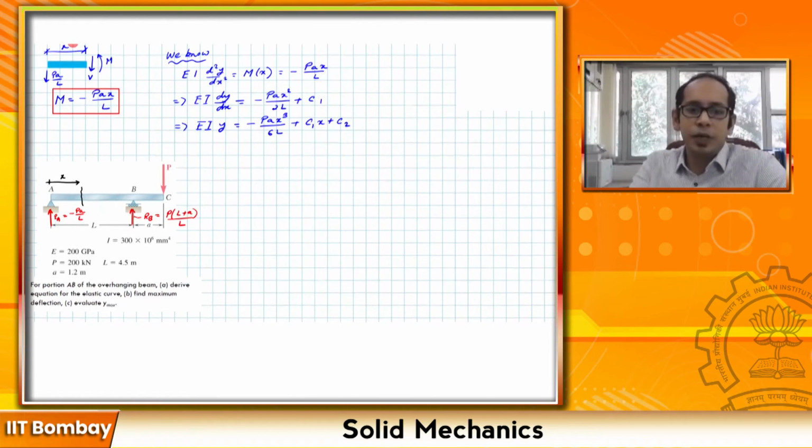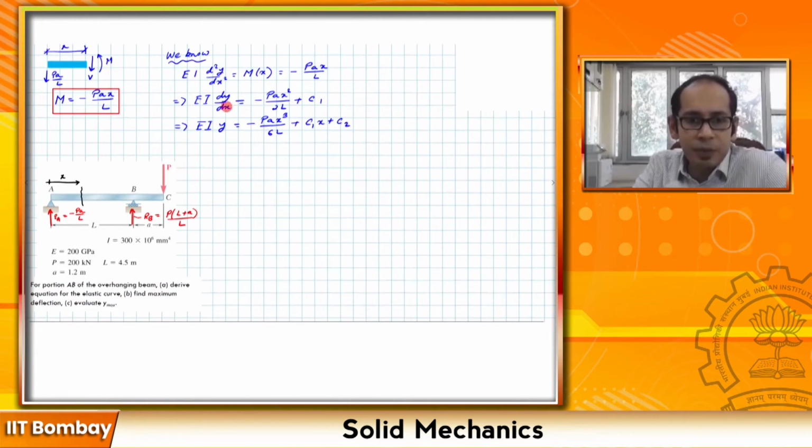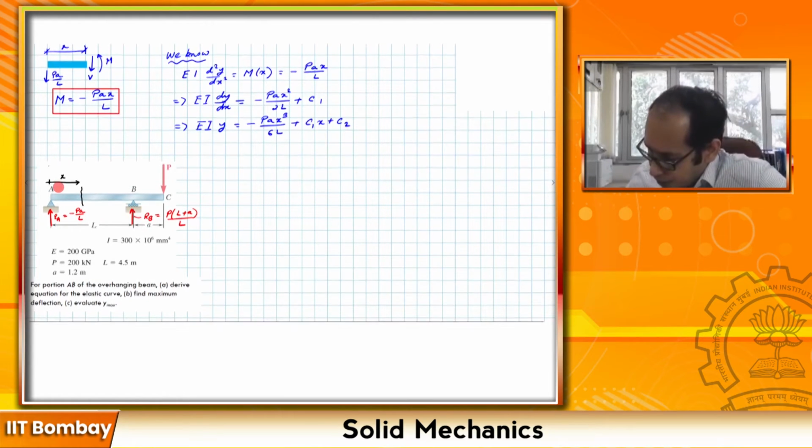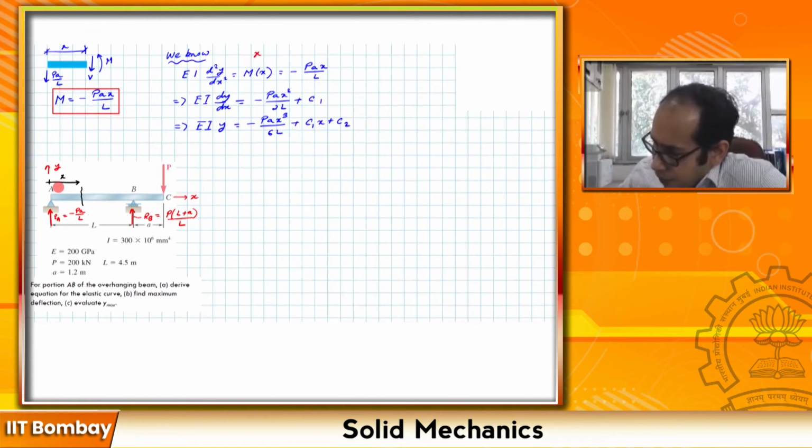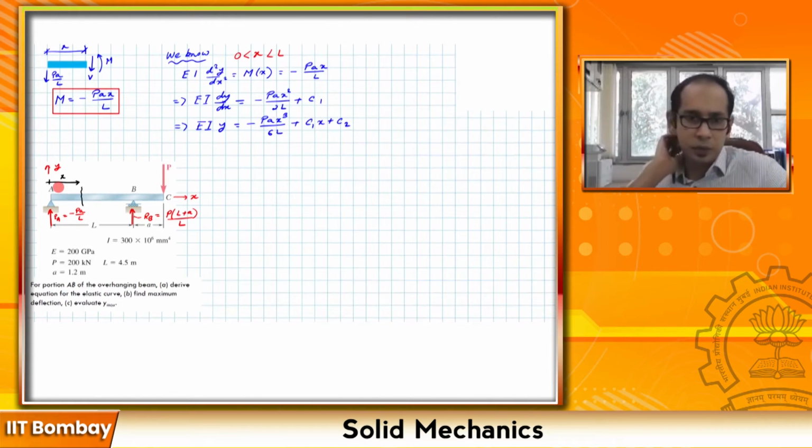Now my boundary conditions are that, now remember this expression for the moment is valid from x equals 0 to x equals L. So here maybe I go ahead and draw my axis. So this is my positive y and this is my positive x, and this expression is valid for x from 0 to L, that is over here.